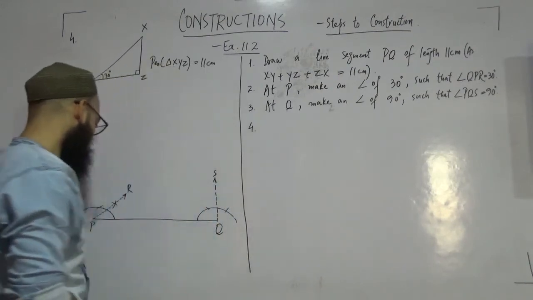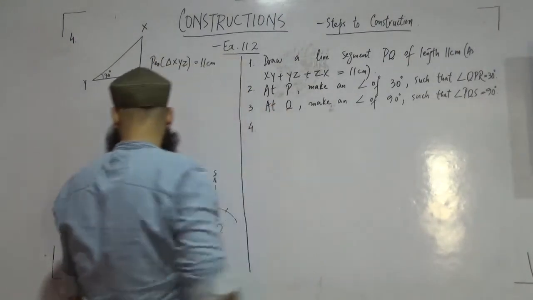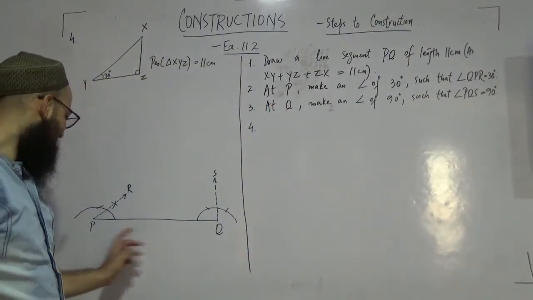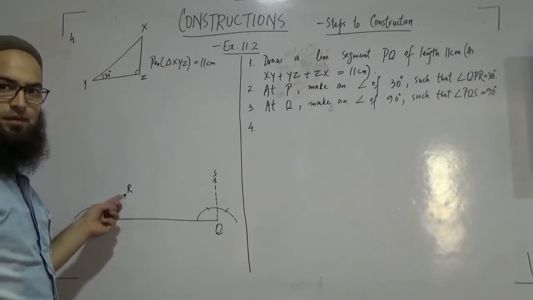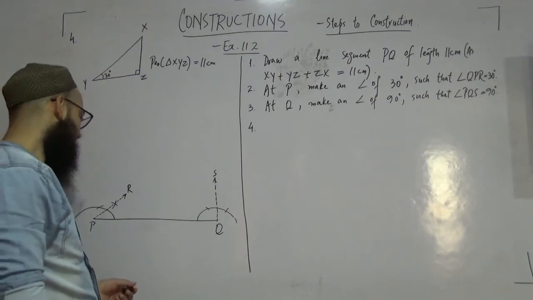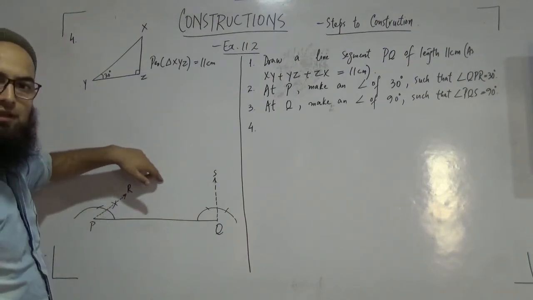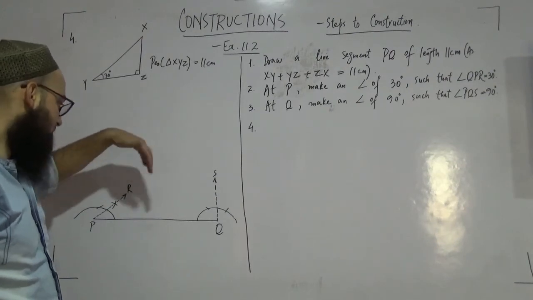This is your S and this is 90 degree. Now bisect angle QPR. Bisect angle QPR such that angle QP something here RST.